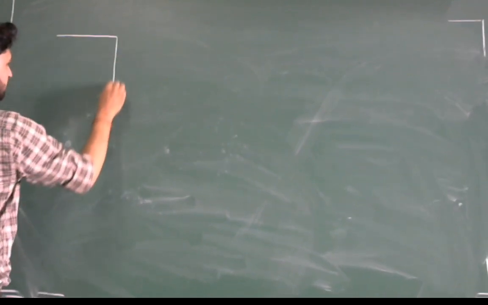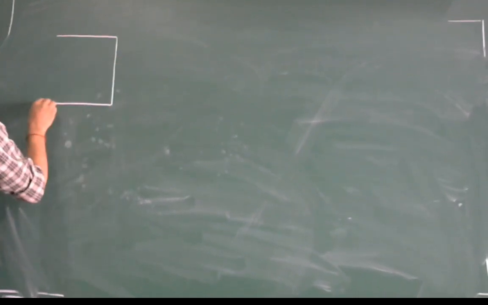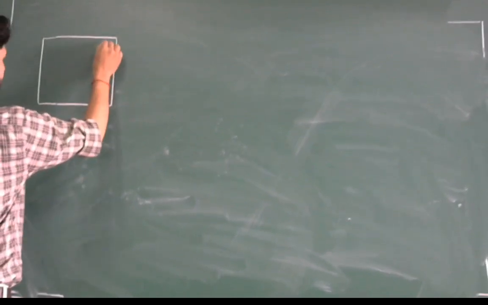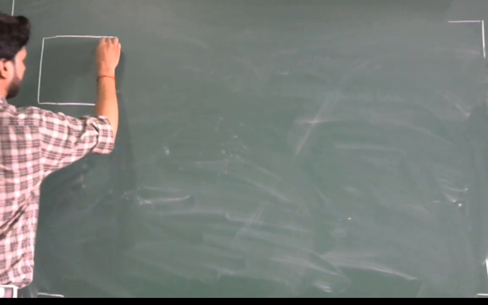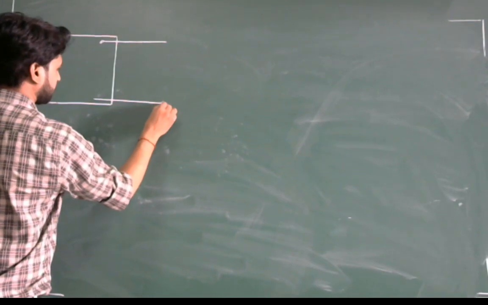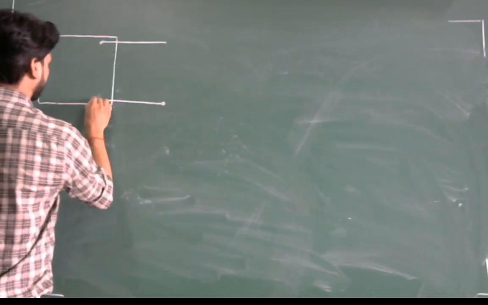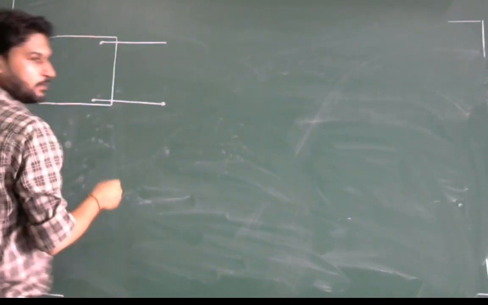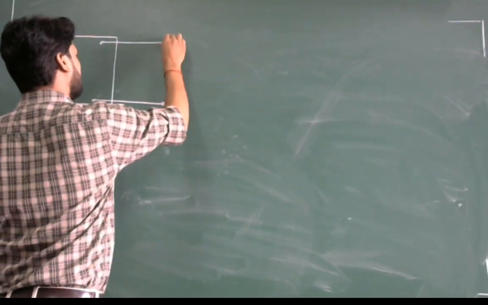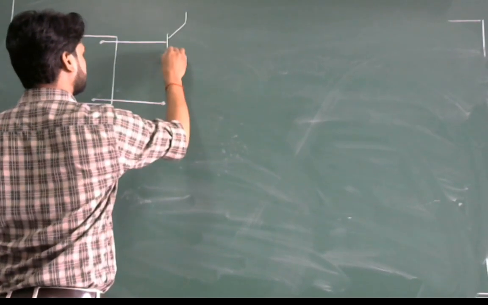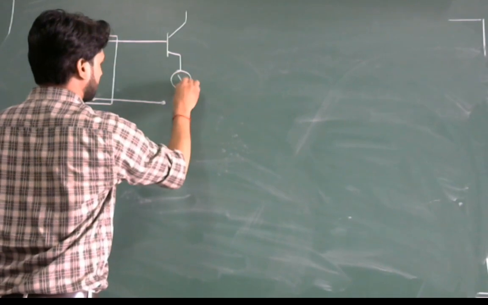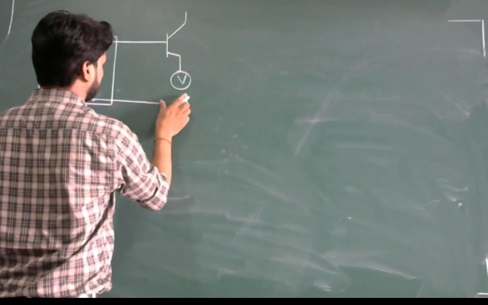Here is the circuit across which we have to measure the voltage, across these two terminals. We have to introduce a transistor in this circuit with the voltmeter RM.